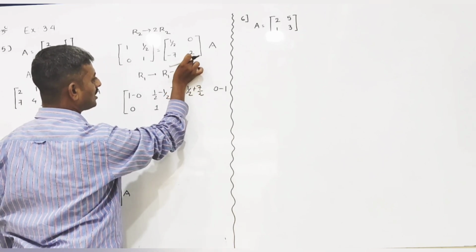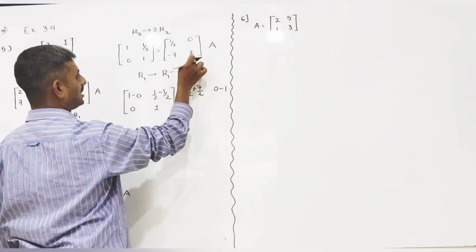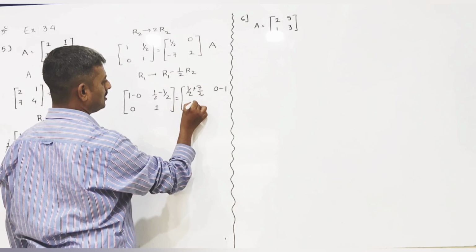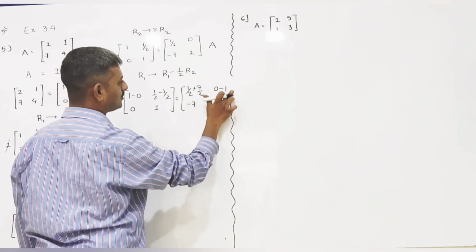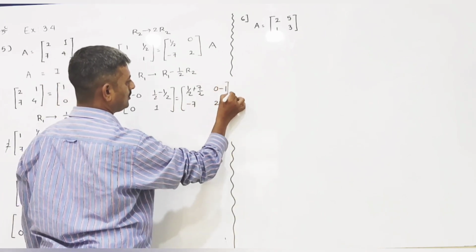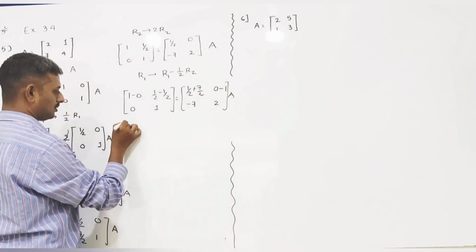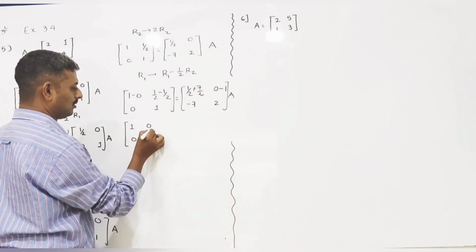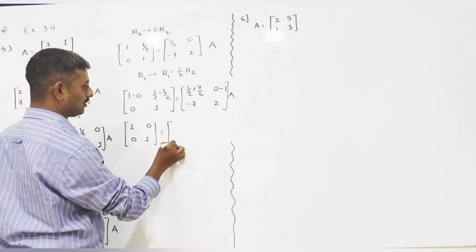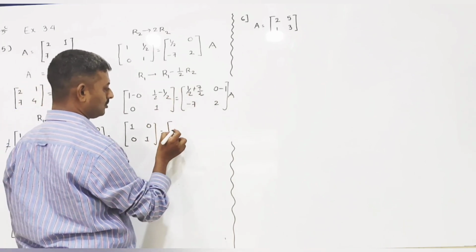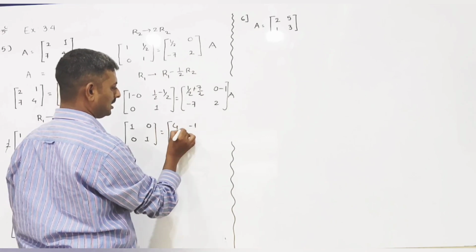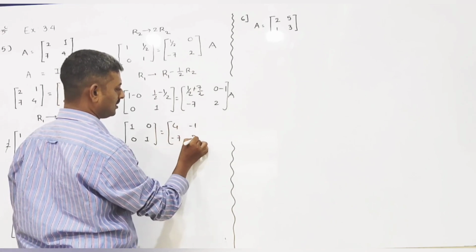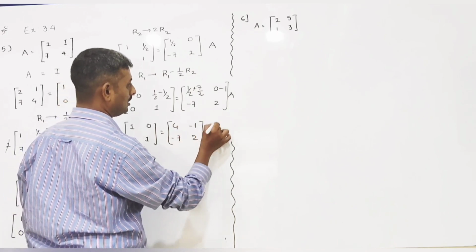Because row 2 I am multiplying by minus 1/2. So minus 1 that I am going to add. Minus 7 and 2 into A. So this becomes 1, 0, 0, 1 is equal to 8 plus 1 by 2 means 4, minus 1, minus 7, 2 into A.